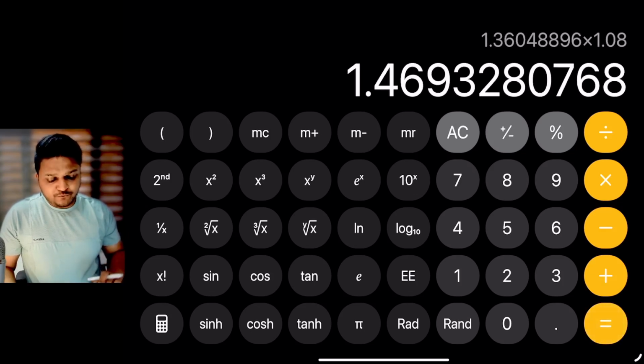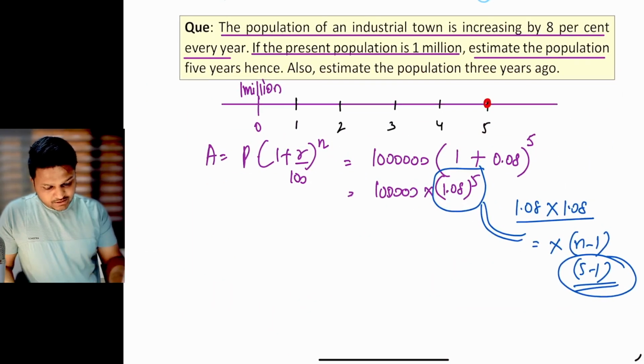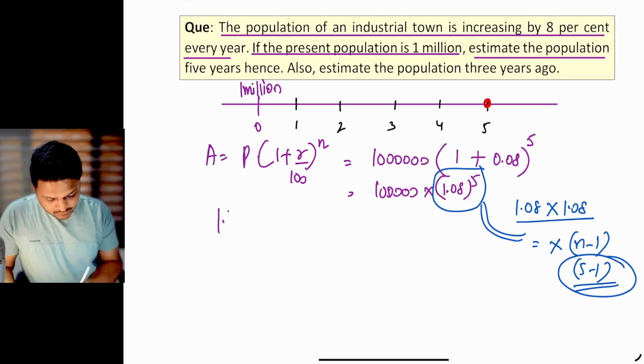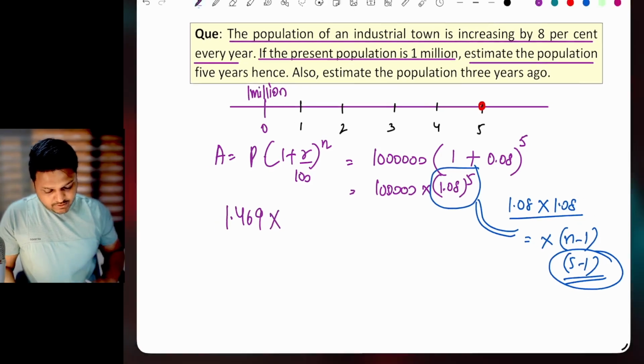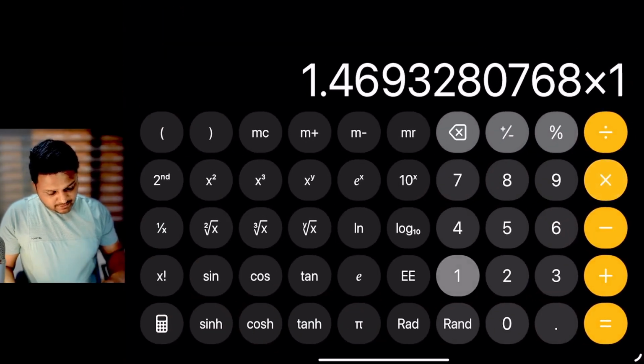So it is 1.469. We'll just write it over here: 1.469 multiplied by 10 lakh.